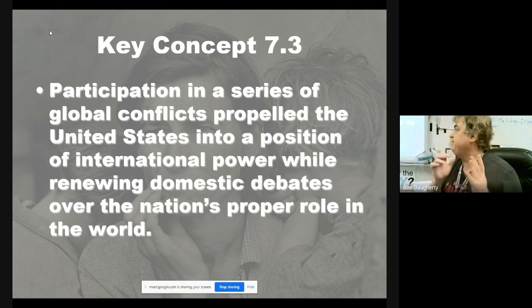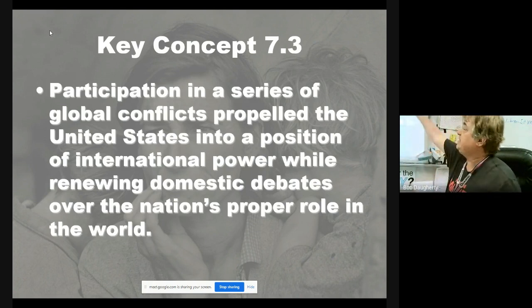It's trying to take the advice of our first president and stay out of European wars, trying to stay out of wars that we have nothing to do with. But starting with the Spanish-American War in 1898, World War I in 1917 when we get involved, and finally World War II, 1942-ish on, America finally is in its last of these global conflicts. Hopefully it's the last one we'll be in.